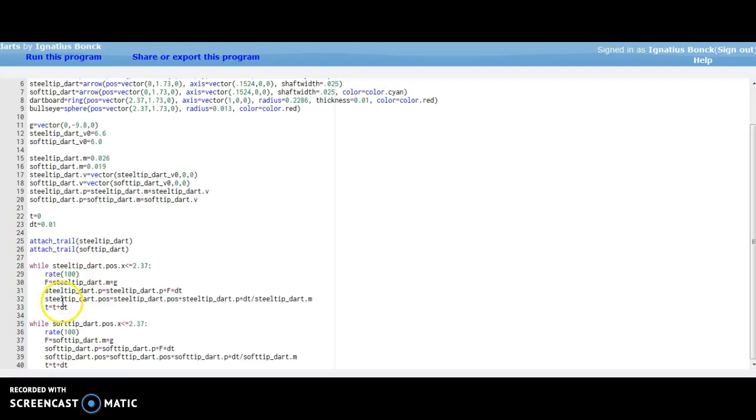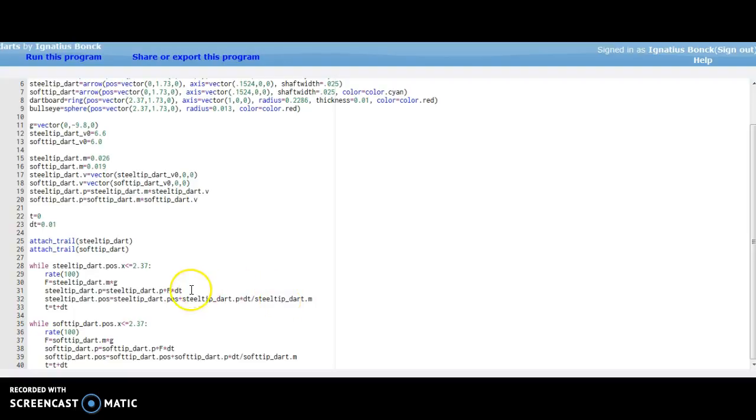Then we have the position update formula: the final position equals the initial position plus the velocity times delta t, where the velocity is the momentum divided by the mass of that particular dart.